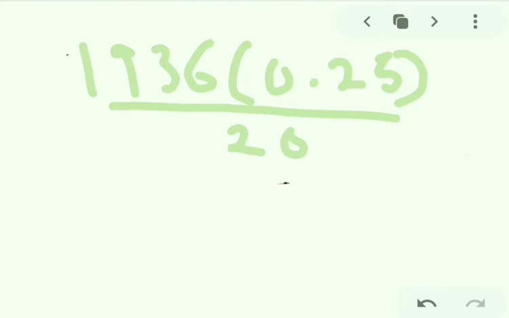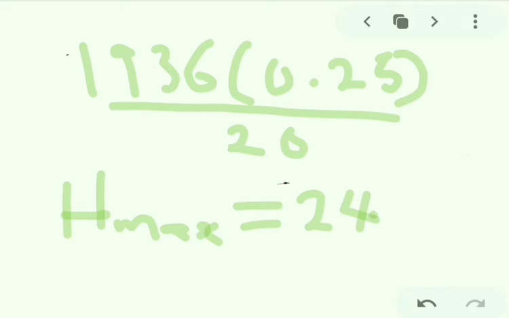Now 1936 times 0.25 divided by 20 will give us the height, which is equals to 24.20 meter.